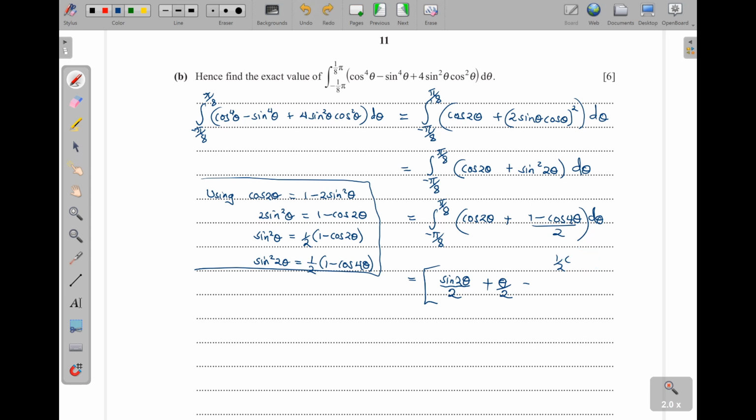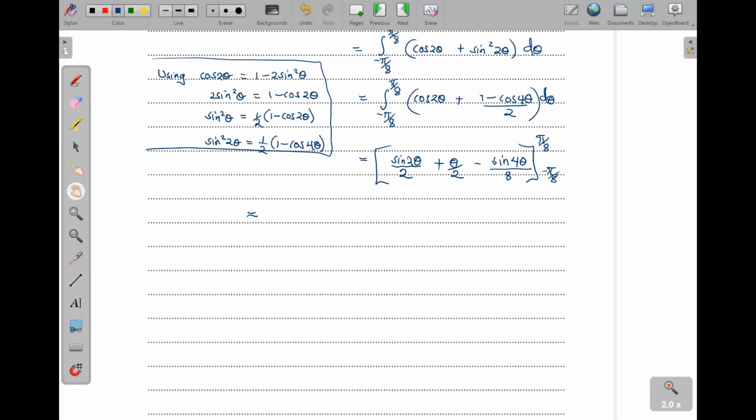So we have here minus sine 4 theta, then over, there is that 4, but it will find the 2 that is here, so altogether we write 8. And then we put the limits, pi over 8 and negative pi over 8. Now let us insert the limits, and then we find our final answer.